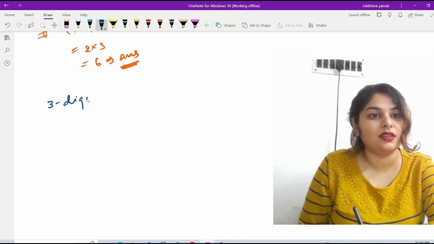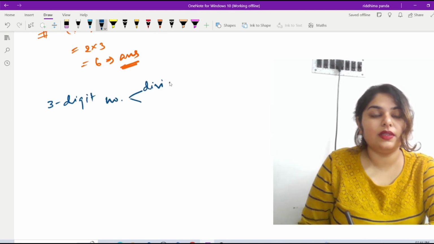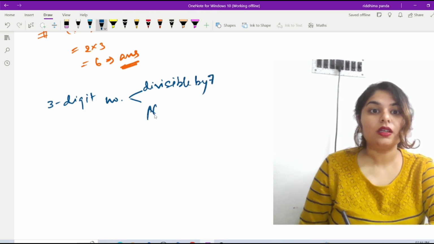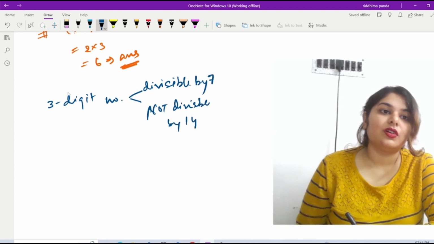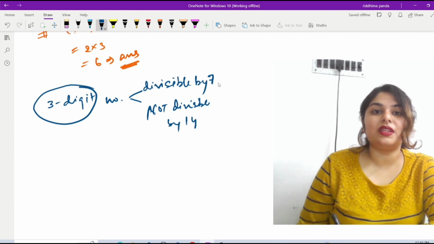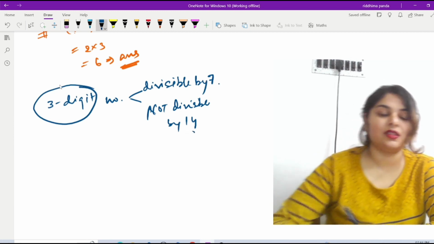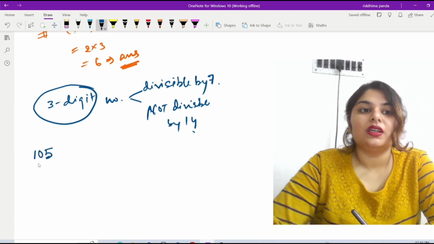We are given 3-digit numbers divisible by 7, not divisible by 14. So the smallest 3-digit number divisible by 7 but not by 14 is actually 105. Okay.